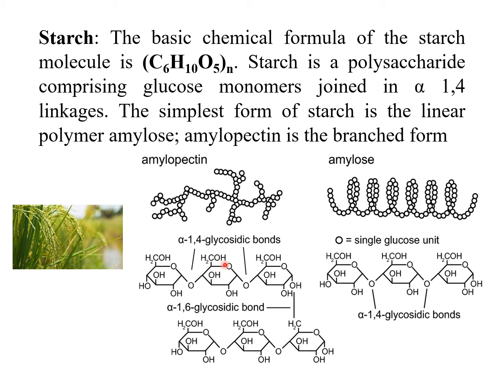Here you can understand alpha 1,4 glycosidic bonds and alpha 1,6 glycosidic bonds are present, like in glycogen. Structure-wise there is no difference between glycogen and starch except the branching density. Starch is the main energy store in plants, whereas glycogen is found only in animals.